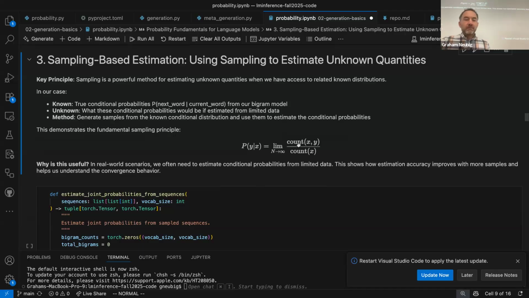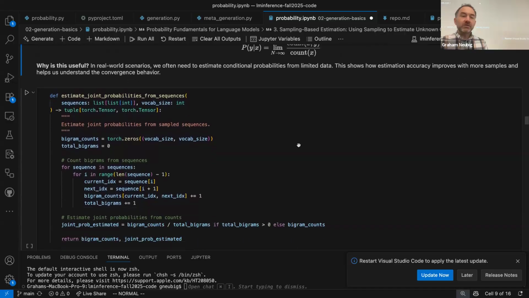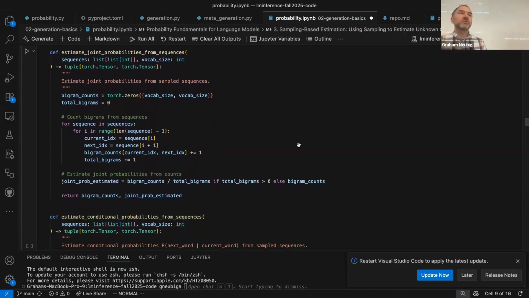So why is this useful? This is useful for a very large number of reasons. For example, let's say you have a transformer-based model where you can calculate conditional probabilities, and you want to know what percentage of the time it generates toxic content.